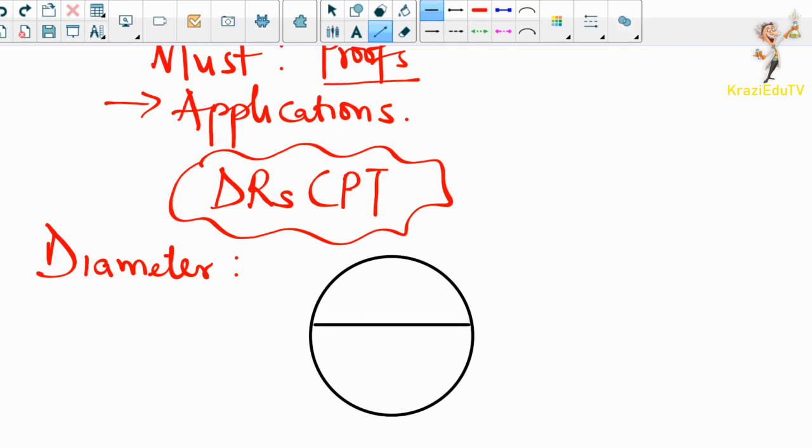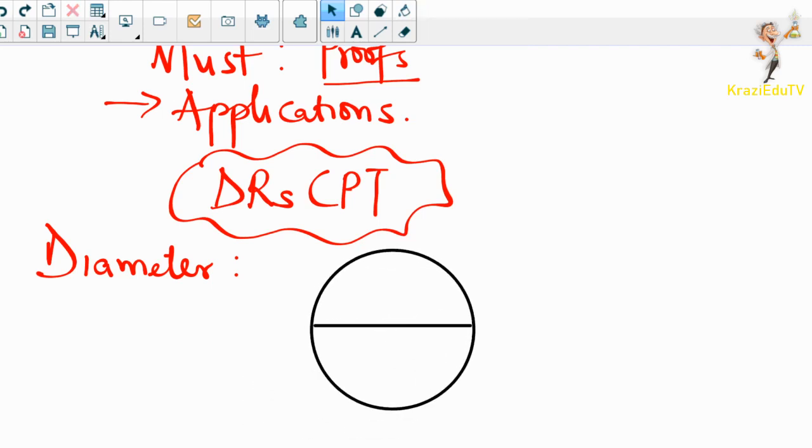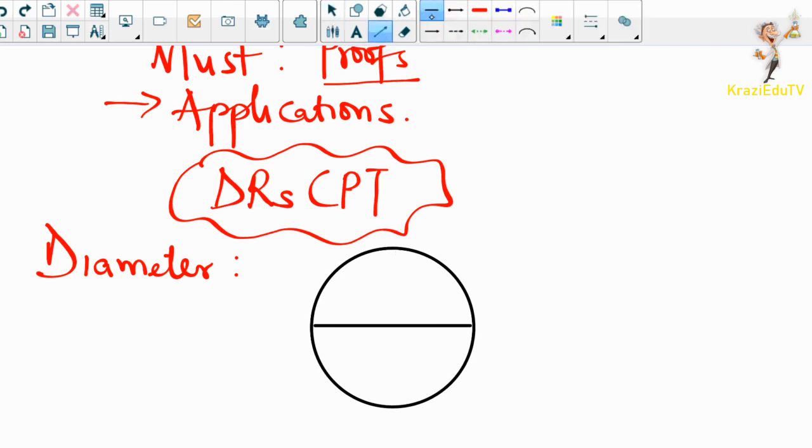Once you are told that this line here is a diameter, we must start thinking immediately that somewhere along the line there will be that.